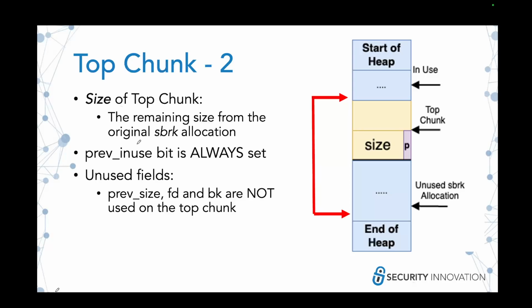Now the only thing we actually care about in the top chunk is the size. Everything else shouldn't be used. The prev size, FD, and BK aren't used. The only thing that should be used is the size. That makes sense because it's more so just a representation of the rest of the heap, at least the rest of the allocated heap.